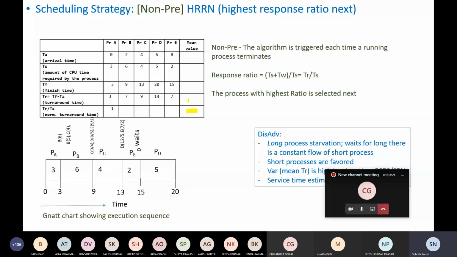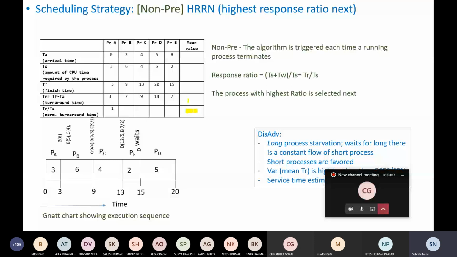So the strategy to minimize that normalized turnaround time is to choose a process whose turnaround time at that particular point is maximum. If you can schedule that process, you can probably guarantee that that is the best way through which you can try to reduce the overall turnaround time, right? So that is the strategy.